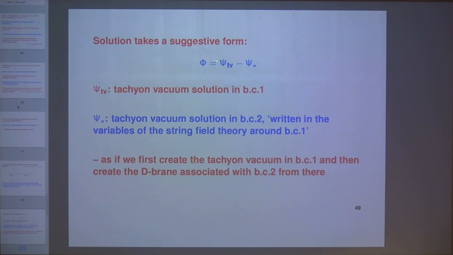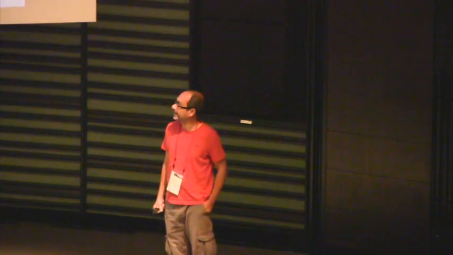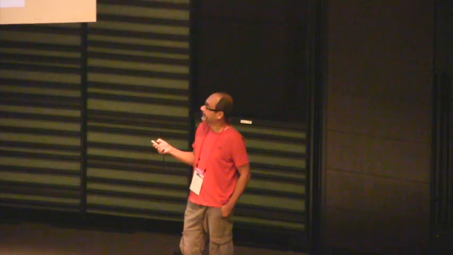So physically you can interpret this solution as first creating the tachyon vacuum, that's what psi TV represents, and then subtracting from this the tachyon vacuum solution of the second string field theory, to get the brane that you want. So you start with the D1 brane, go to the tachyon vacuum, and then you subtract off the tachyon vacuum solution for the D0 brane to create the D0 brane.